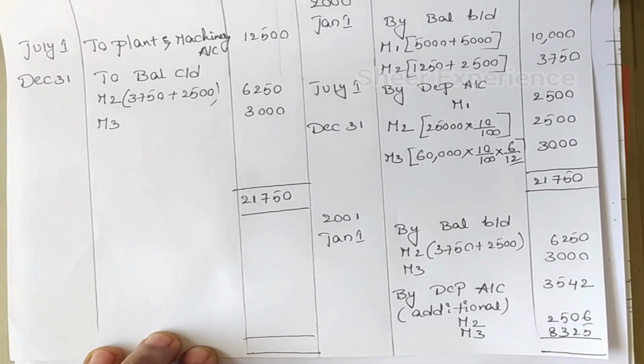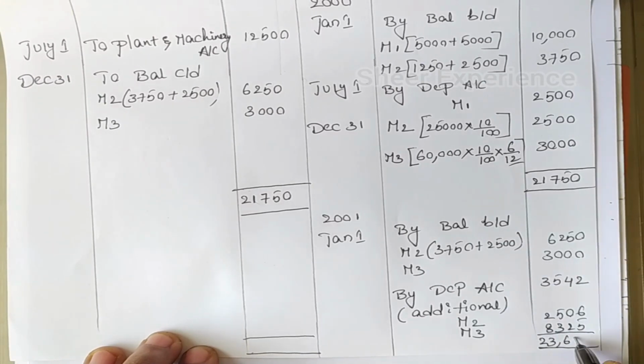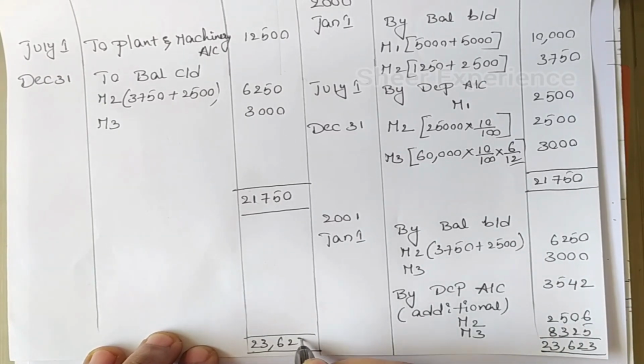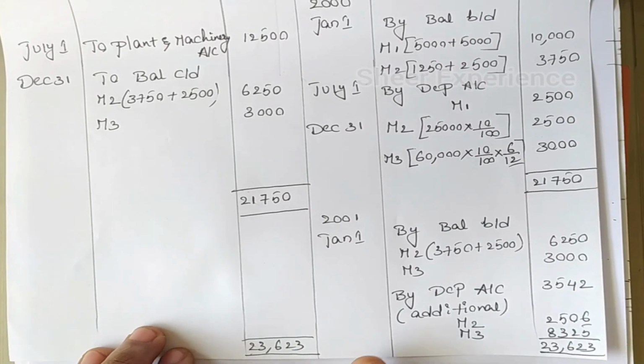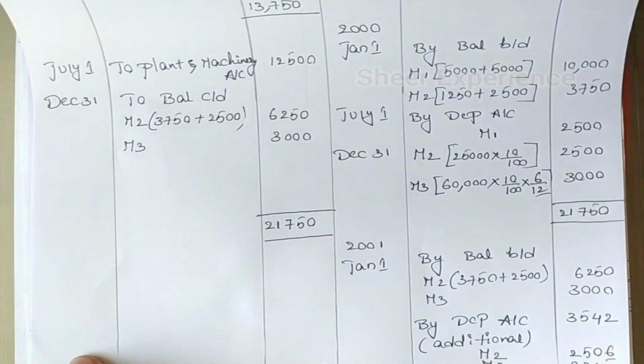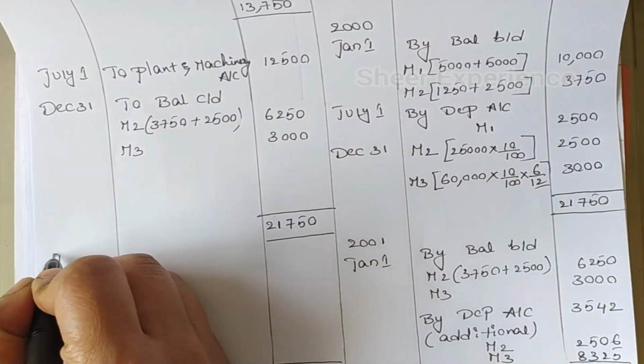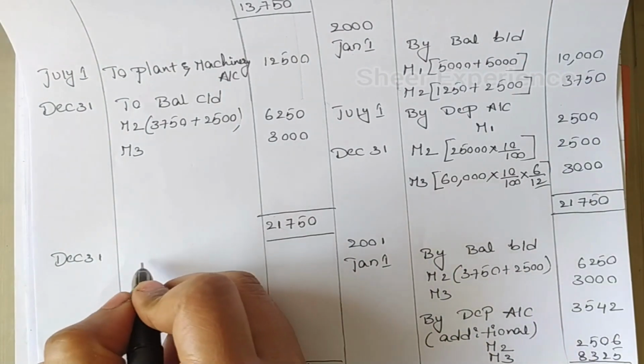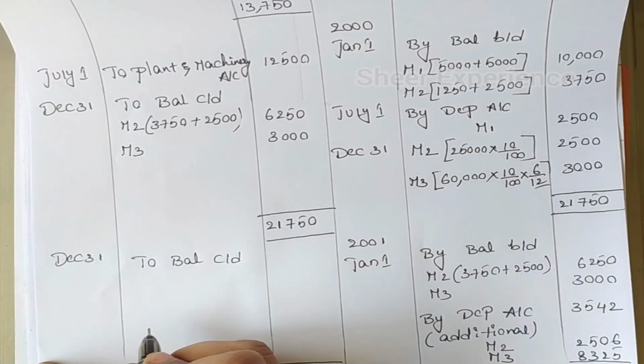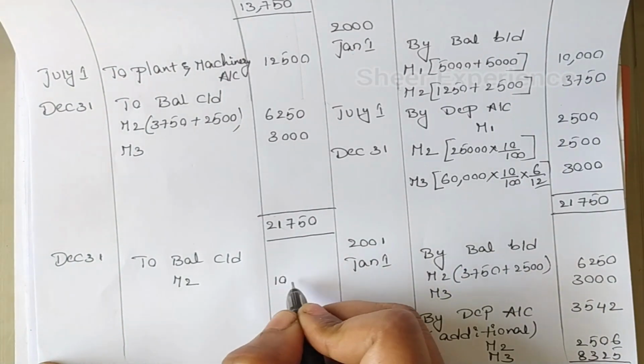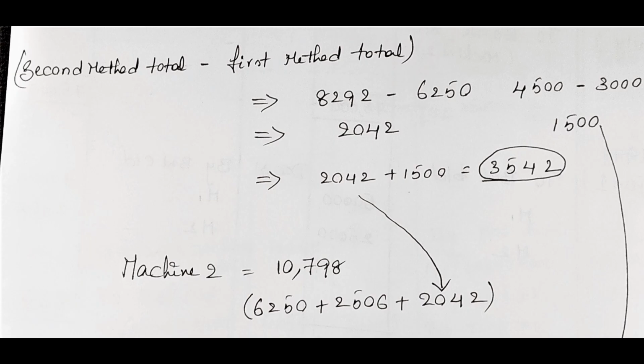Now we will balance on both the sides. Highest amount is on the credit side, that is 23,623. We will carry down the amounts for mission 2 and mission 3 on the debit side. For mission 2 it is 10,798, that is 6,250 plus 2,506 plus 2,042.